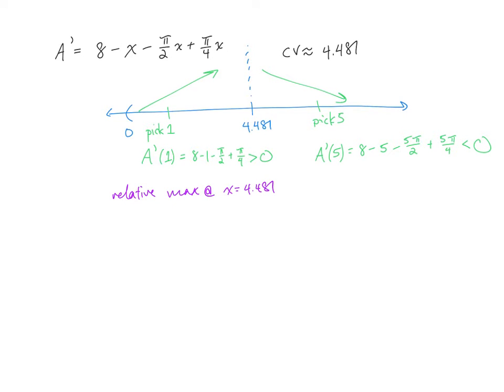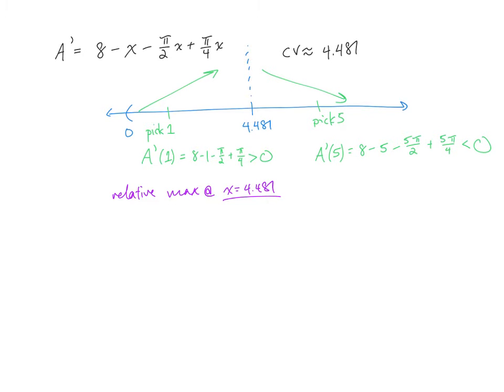Now, the directions asked what dimensions will give this window the maximum area. So it turns out that we know x. X will give the window maximum area.